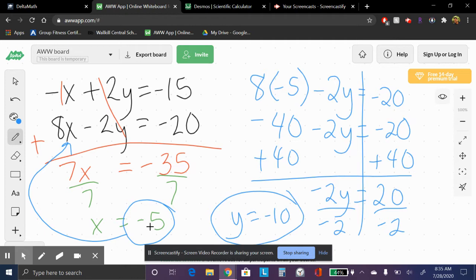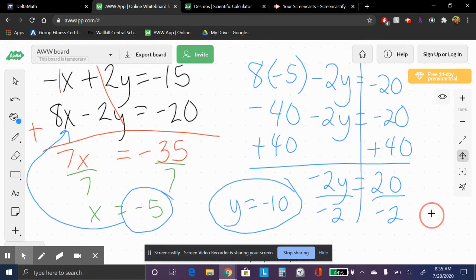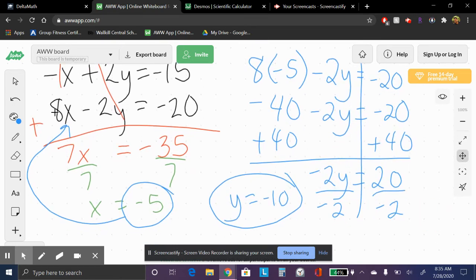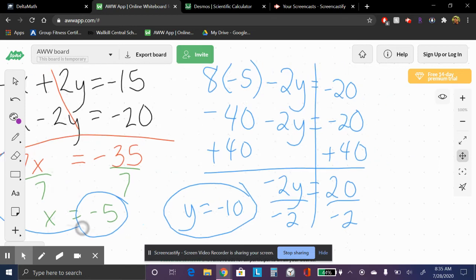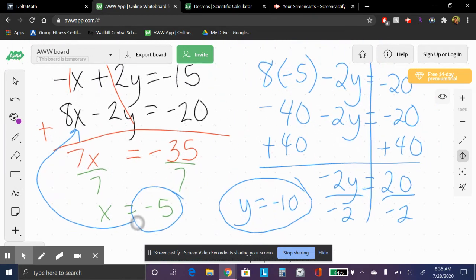So I have my x value. Now I have my y value. Now, if I plug this into the equation up here, I still should have gotten the same thing. And to double check that, we can do that real quick. We could plug -5 into this equation up here.